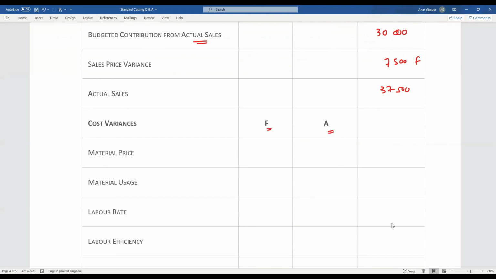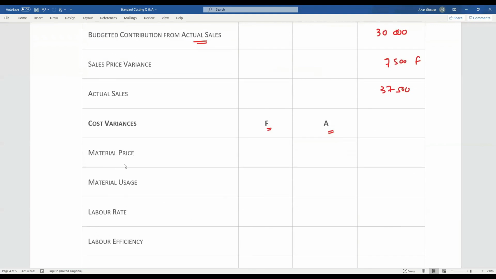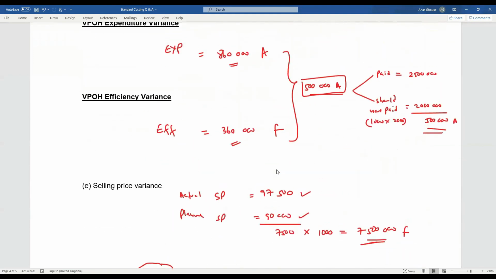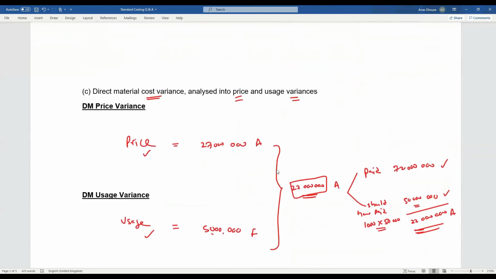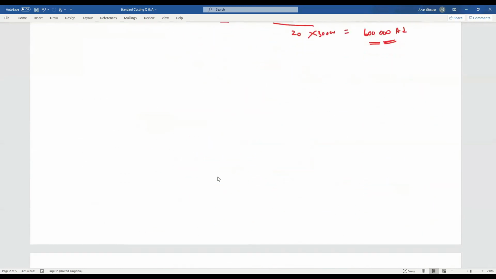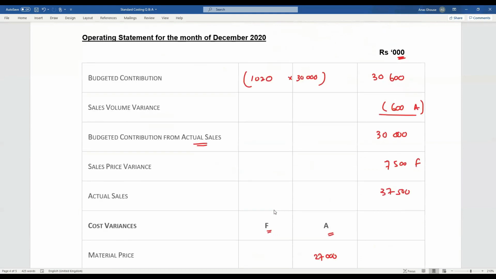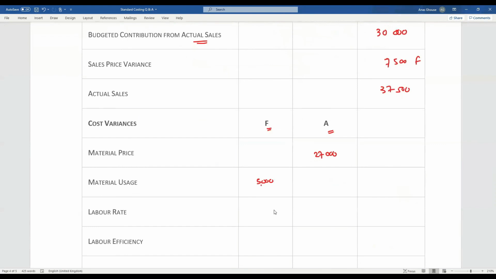So now we'll take the cost variances into favorable and adverse. Once you adjust the cost variance, you will get the actual contribution. We calculated the price variances. Direct material price variance is 27 million adverse and material usage variance is 5 million favorable.